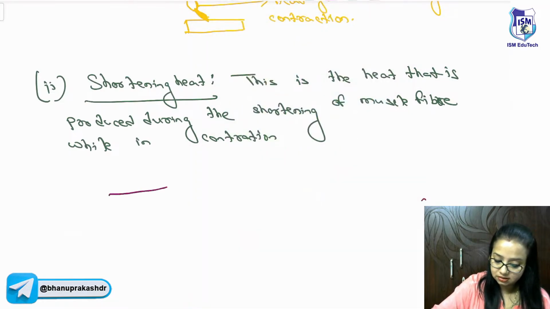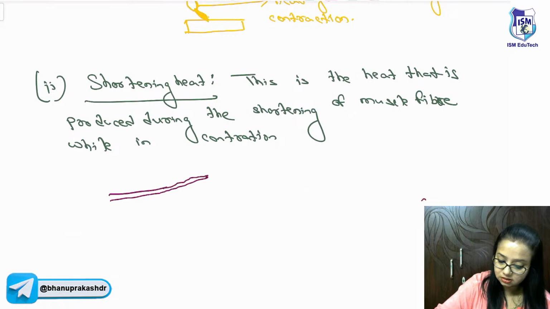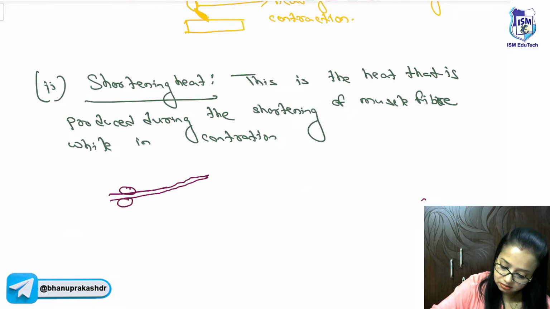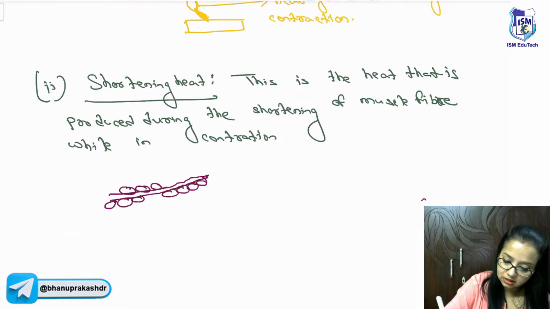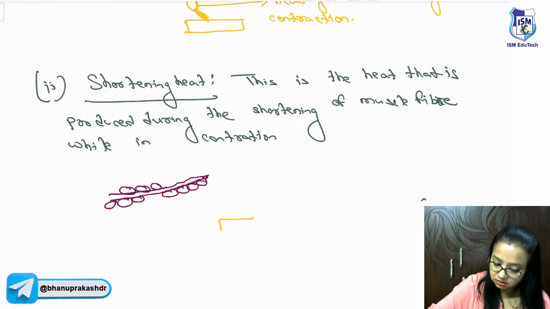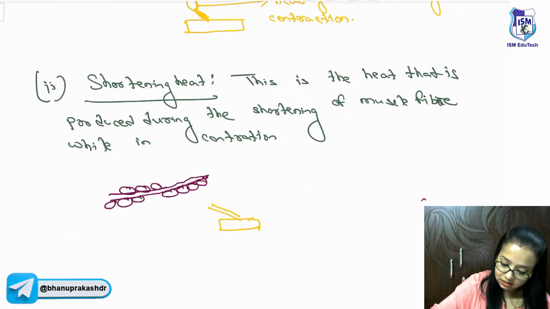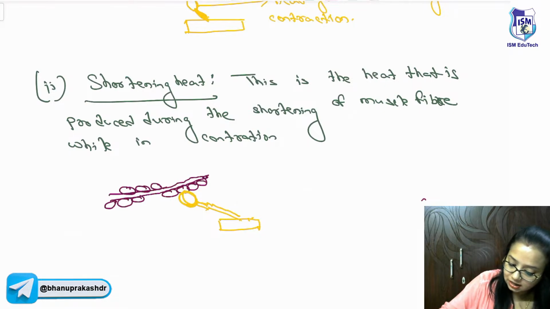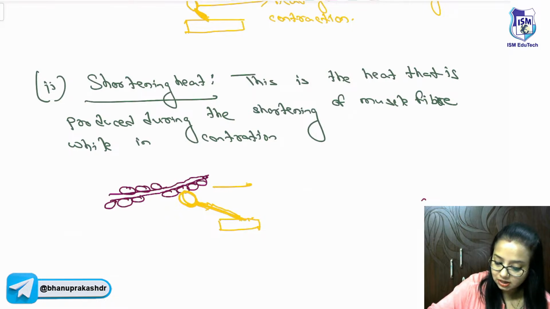If this is the actin, okay, this is the actin molecule, and this is the myosin. So what did we study? That there is this power stroke which is at 45 degrees, right? There is the bending of the myosin head, and at 45 degrees there is that power stroke. So here what happens?